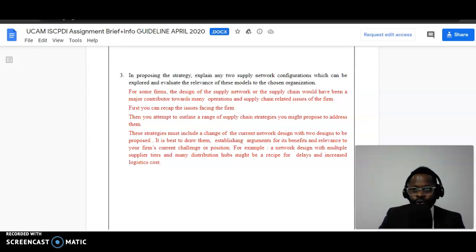So your supply chain network may not be extended, but it might be reduced to something smaller. So the company's supply chain strategy might be to reduce their supply chain base to reduce costs, and this will lead to a reduction of their supply chain network in terms of its size. And in terms of the argument for that, a very complex supply chain network could be difficult to manage. You may have many delays and so on. So that is what that example is about. I hope you're clear on that.